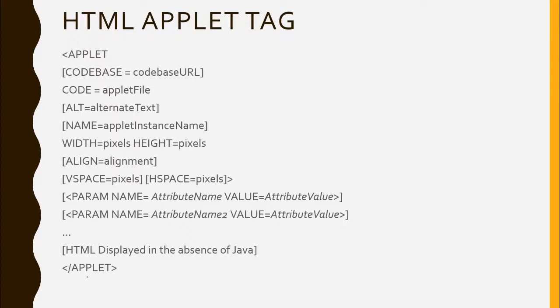This is what I used in the previous example, but I'll certainly show you some more examples related to applets and how GUI is developed, panels, the different alignments, how it's supposed to be. All those things I'll teach in the next video.